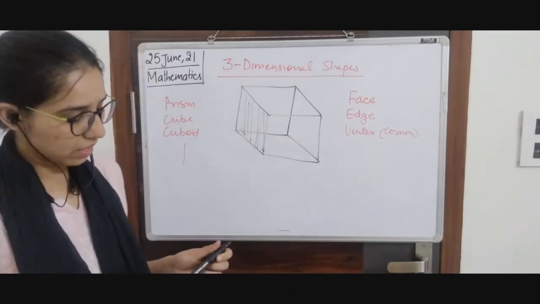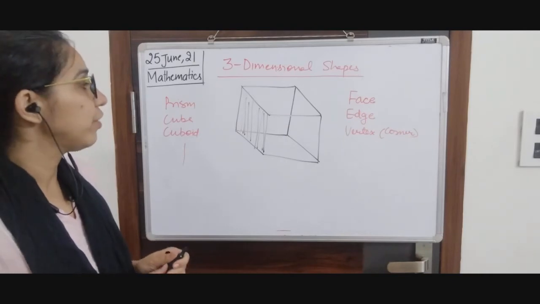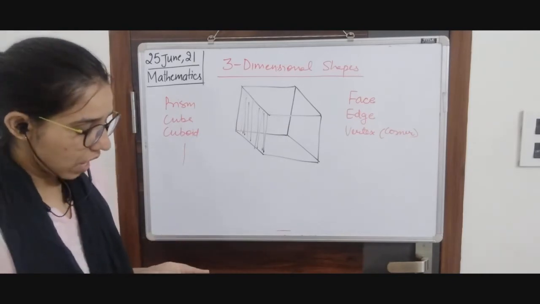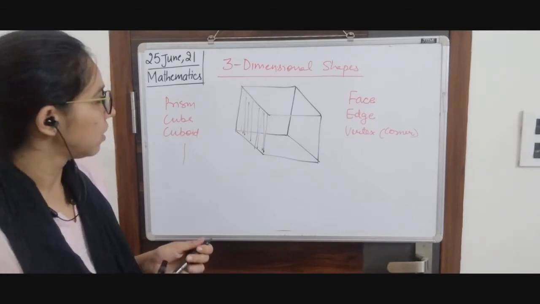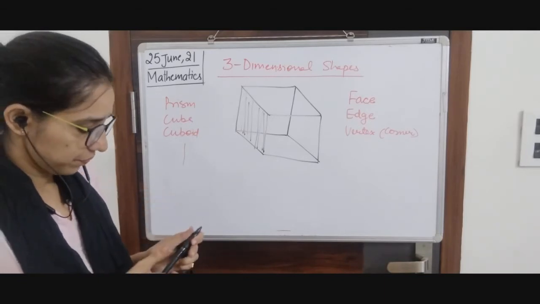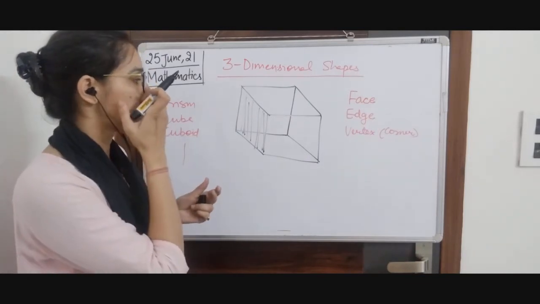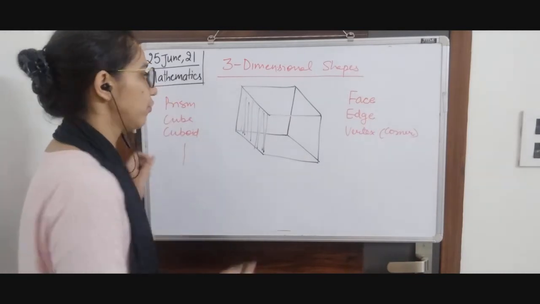And next term is our edge, where two faces meet, the line segment is known as the edge, and where the three edges meet, that is known as our vertex.